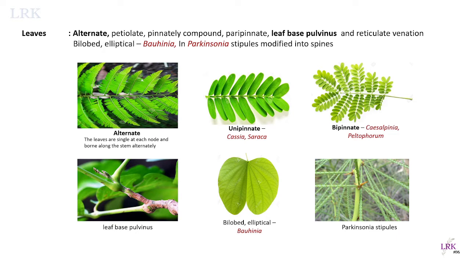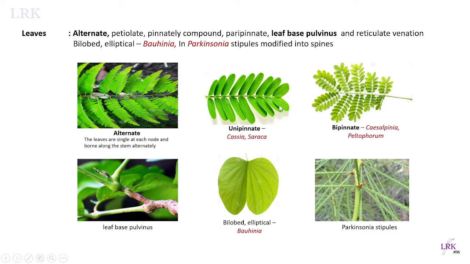They have the petiole, so they are petiolate, and they are pinnately compound. Pinnately compound means it has a primary rachis. This is the rachis, the central axis of the leaf, and the leaflets are present on either side of this primary rachis. In such case, we call it pinnately compound, and these compound leaves are paripinnate. Paripinnate means the leaflets end up in an even number.